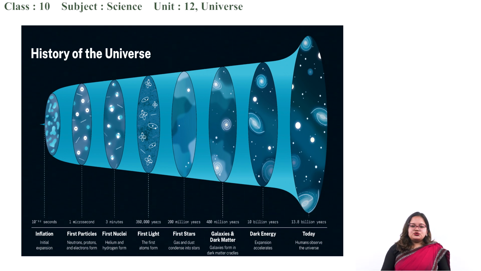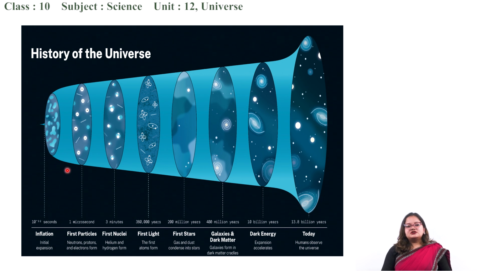And after 200 million years, first stars were formed, whereas after 400 million years, galaxies started to form, we talked about galaxies and dark matter, in dark matter as well. And after 10 billion years, dark energy was also assumed to have formed.